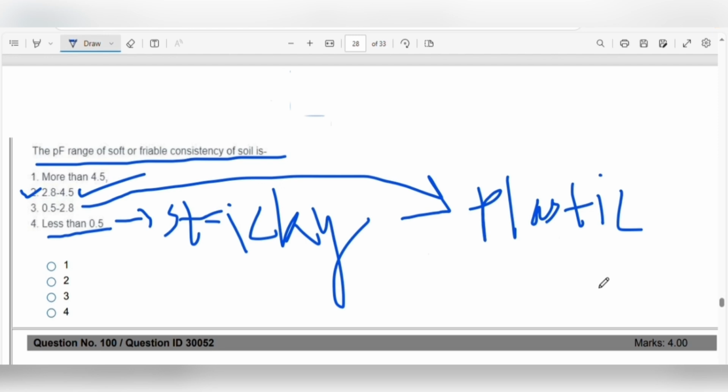This property is called plasticity, and it can only be seen in soil which contains more than 15% of clay, because clay only exhibits that plastic behavior.